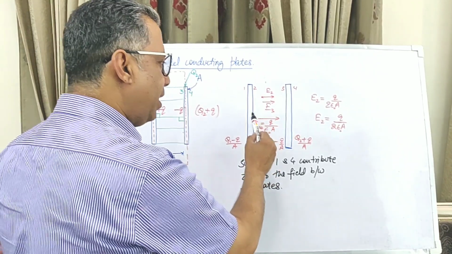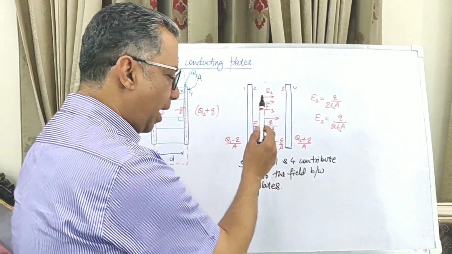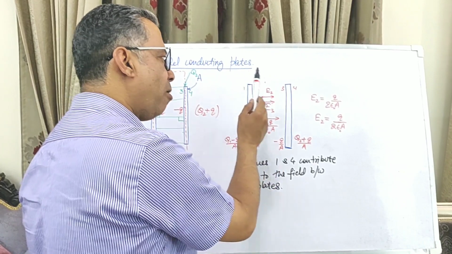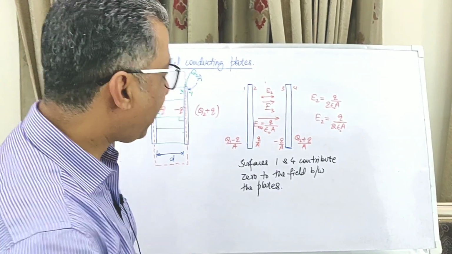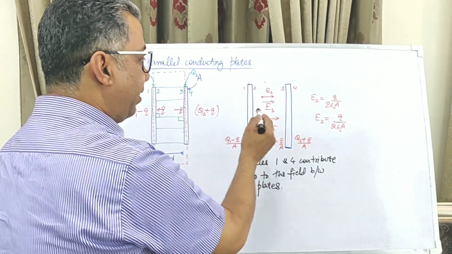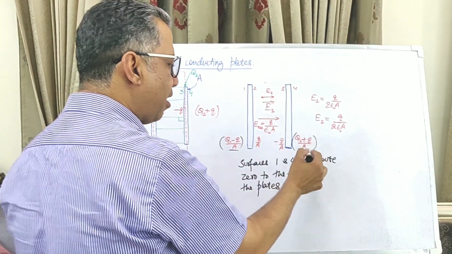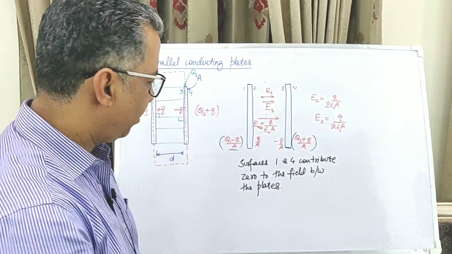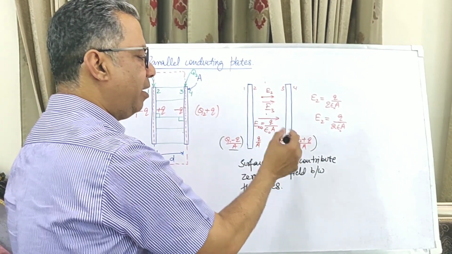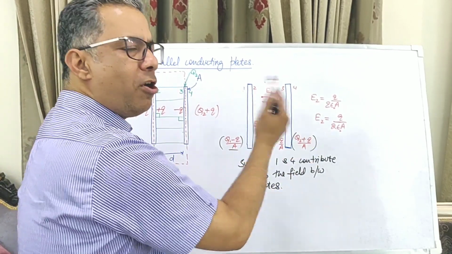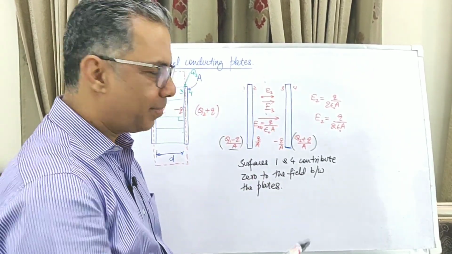Now the field in the space between the plates has a zero contribution from charges on surface 1 and 4, and therefore the fields due to this charge and this charge have a zero contribution here, which means that their fields in this region will be equal and opposite, contributing 0 to the net field in this region.